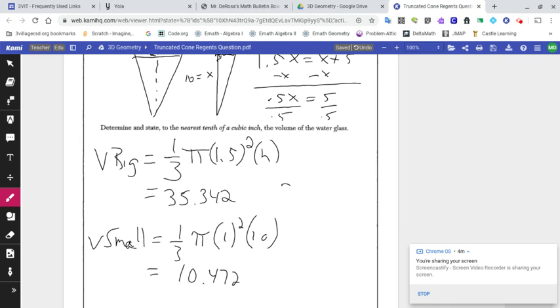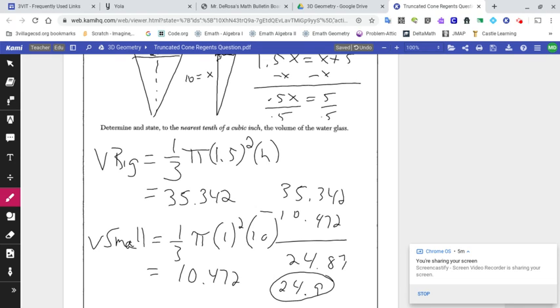So we subtract them. 35.342 minus 10.472 is going to give us 24.87, I believe, which rounds to 24.9. That would be the volume, and that would be cubic inches.